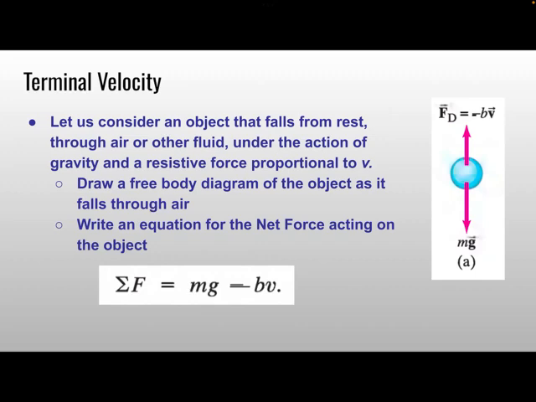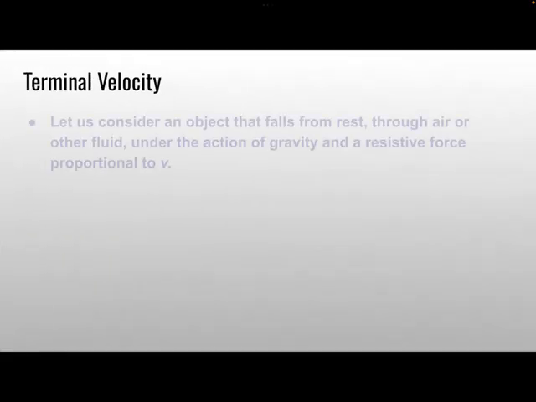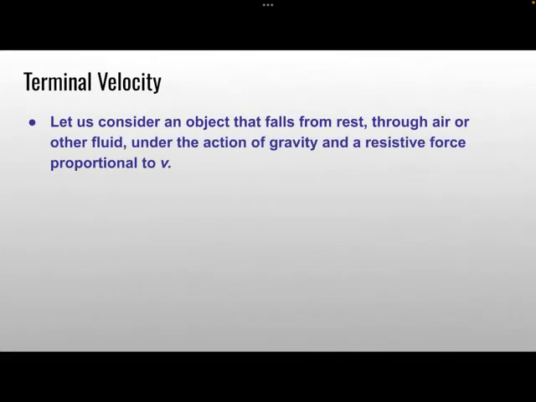Let's look at this object starting from rest, falling through the air under the sole influence of gravity, with a resistive force proportional to v. So we will have our equation: net force is equal to mass times acceleration.